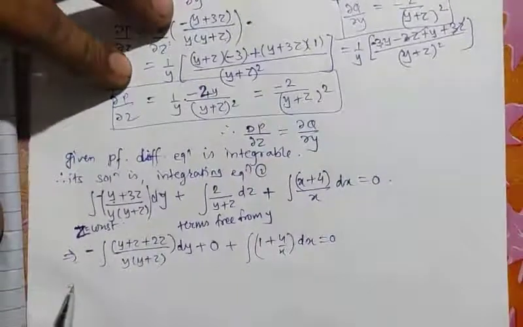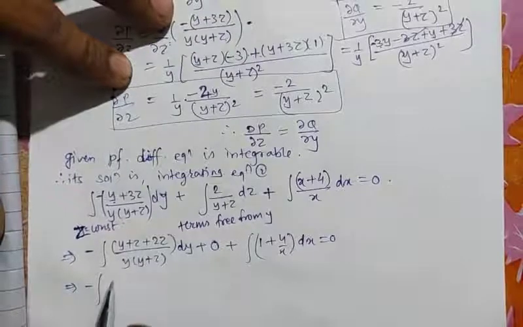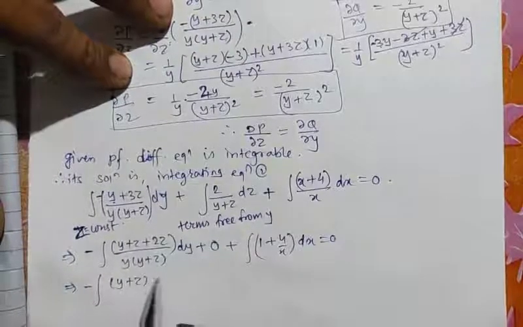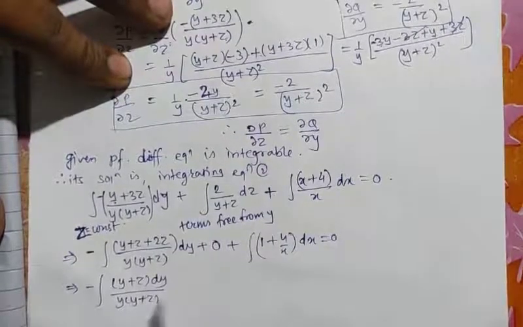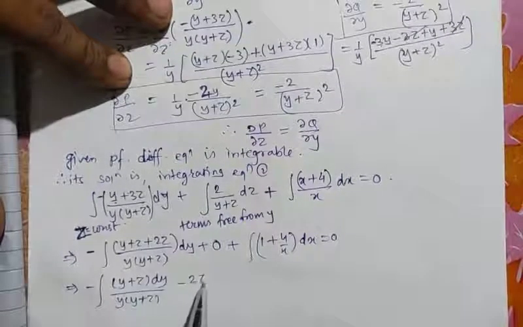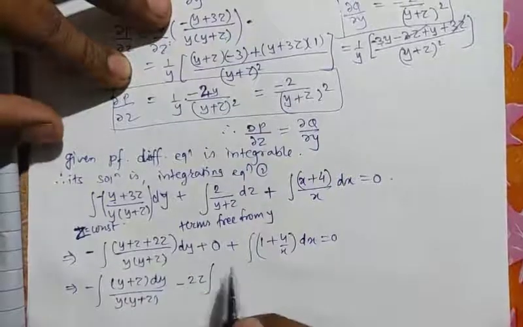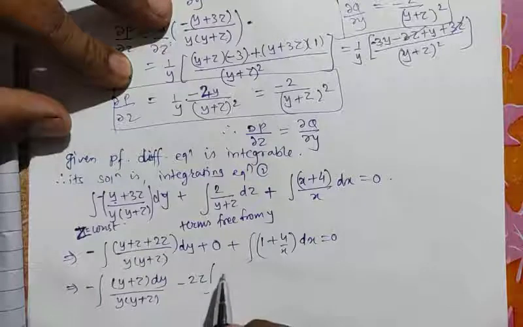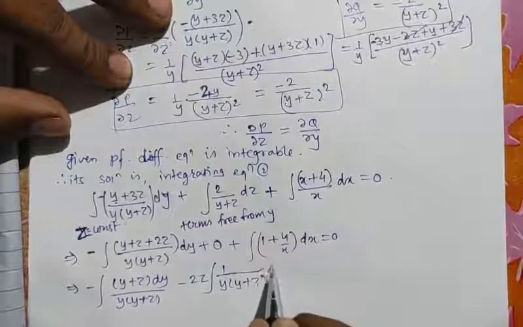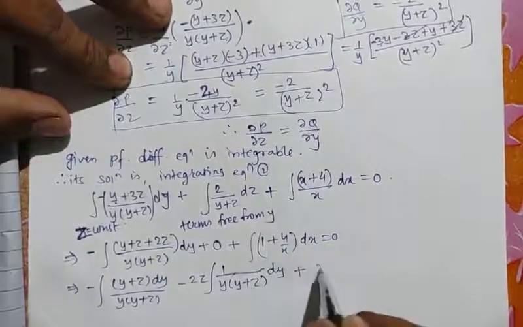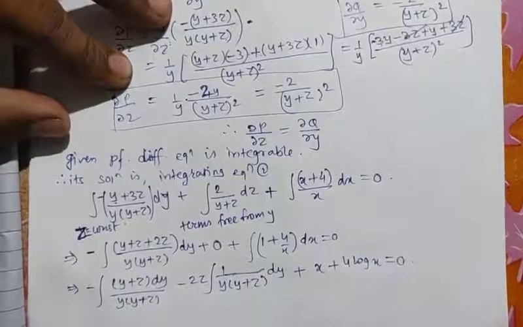This implies that, separating these terms, minus integration of (y+z) dy upon y(y+z), minus 2z integration of 1/(y(y+z)) dy, where z is constant, plus integrating, x plus 4 log x, equal to 0.